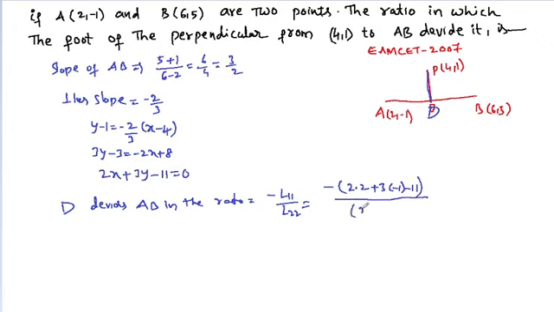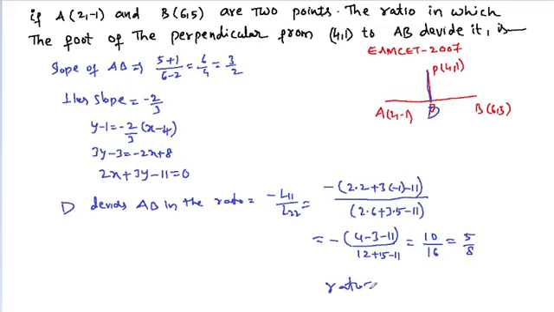Substituting the second point, that is 2 into 6 plus 3 into 5 minus 11, that is equal to minus of (4 minus 3 minus 11) by (12 plus 15 minus 11), that is minus of minus 10 by 16, that is equal to 10 by 16, which is equal to 5 by 8. Therefore the ratio is 5:8. That is the answer.